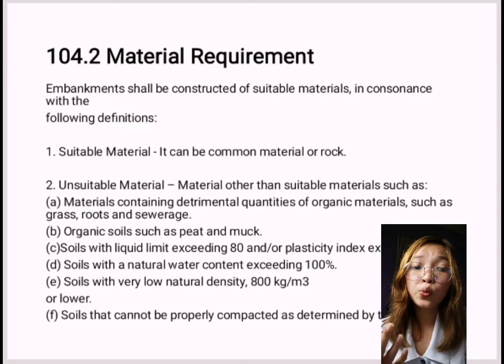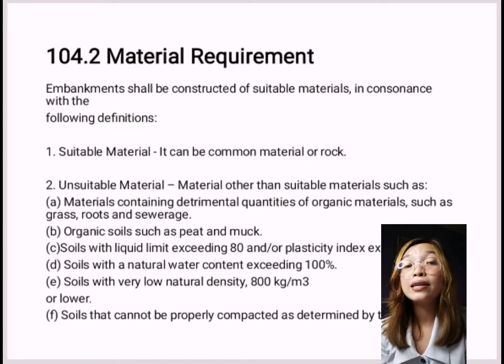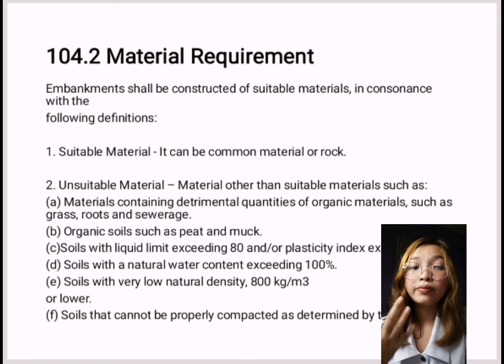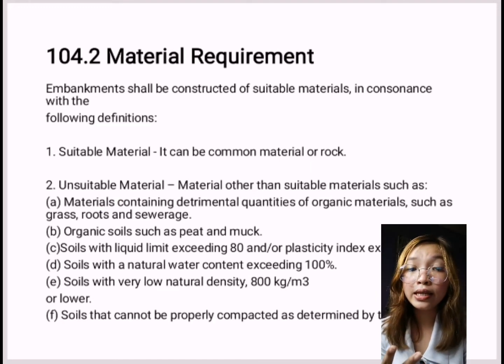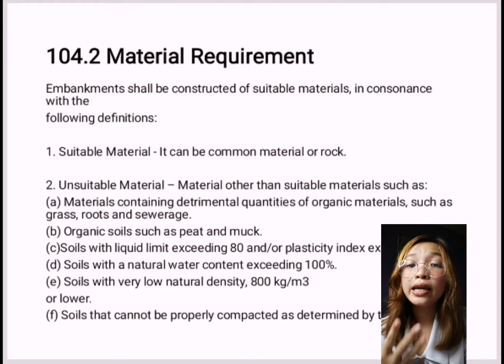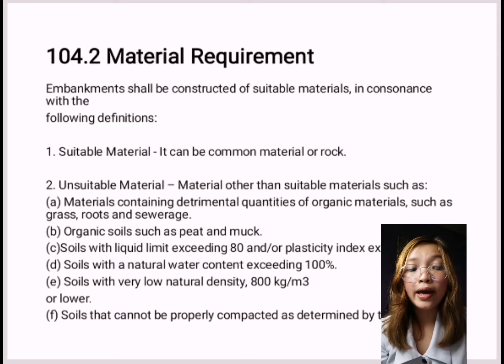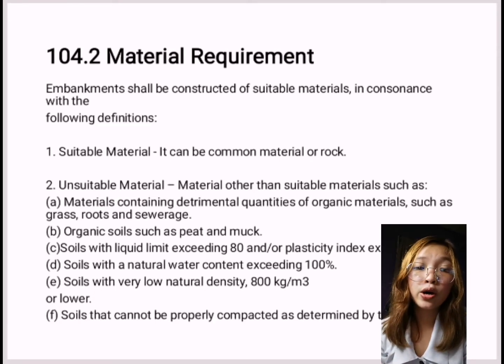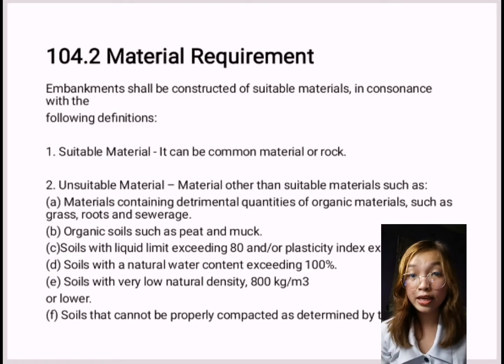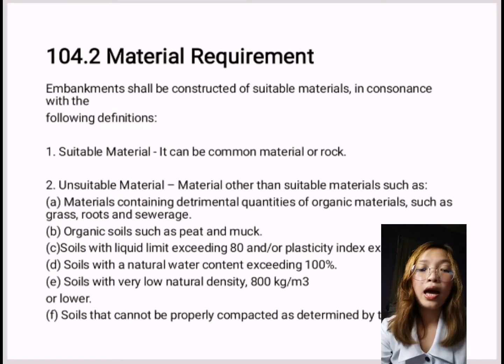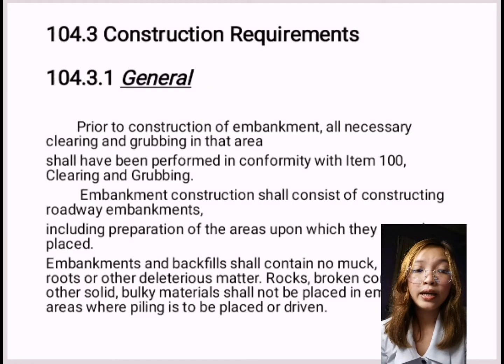Next is the soil with a natural water content exceeding 100%. And soil with very low natural density of 800 kilogram per cubic meter or lower. And next and lastly is the soils that cannot be properly compacted as determined by the engineer. Next item is item number 104.3, or the construction requirements.